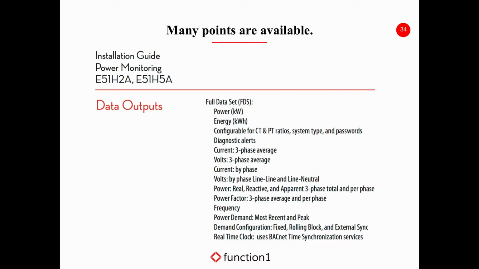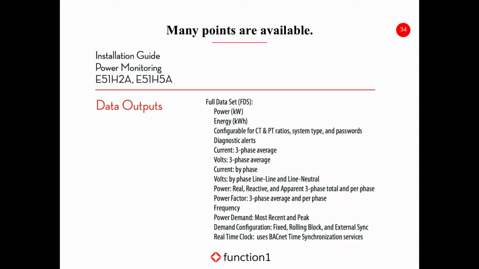So when we're doing the electrical metering solution for the $1,200, this is a full data set of the types of points that are available to us. We can get like 50 discrete values out of the metering side of things. But it's overkill for an application like this.